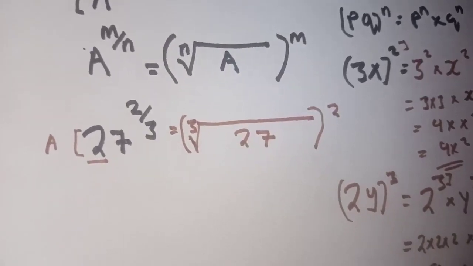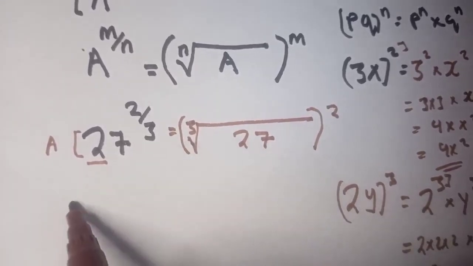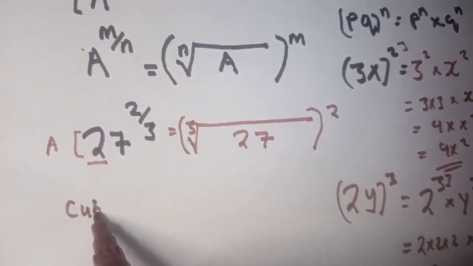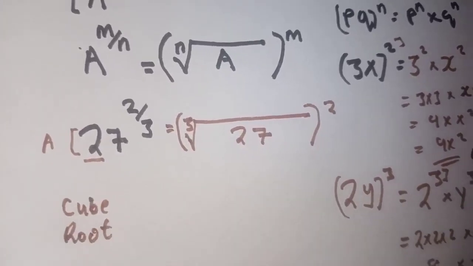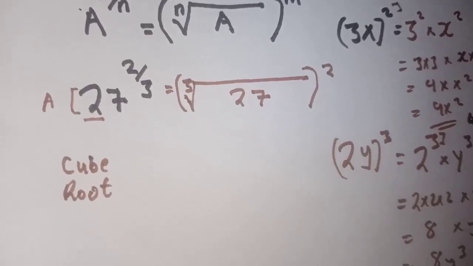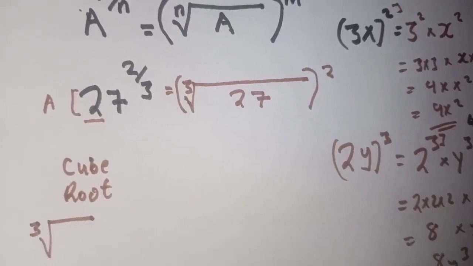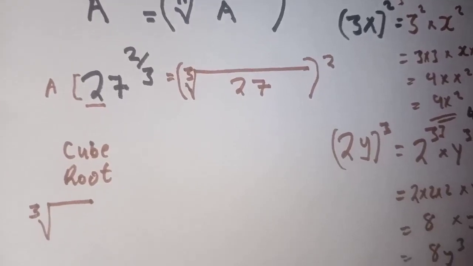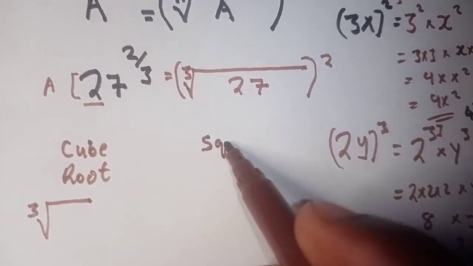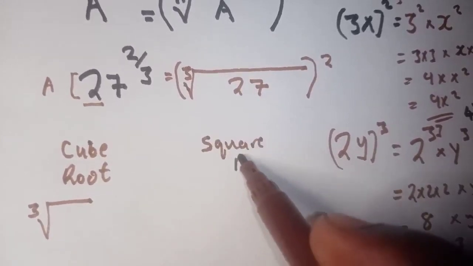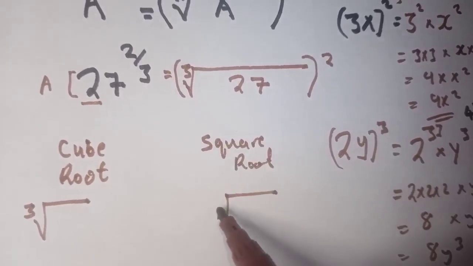So now we have what we call a cube root. The cube root is where you have a root sign with a 3 here. Apart from the cube root, you have the square root, which is just this sign.